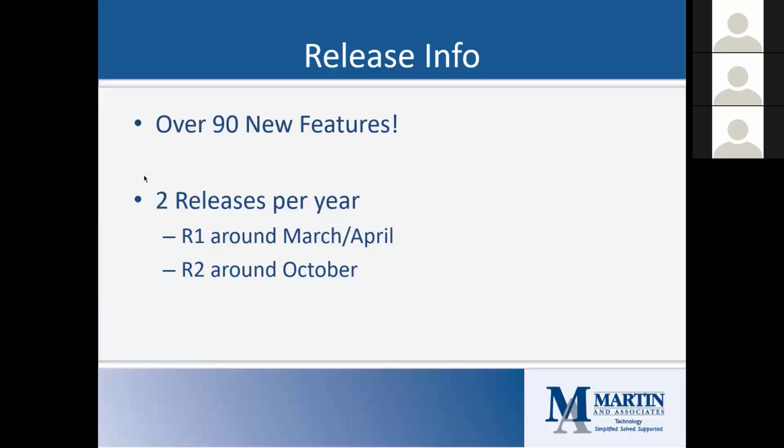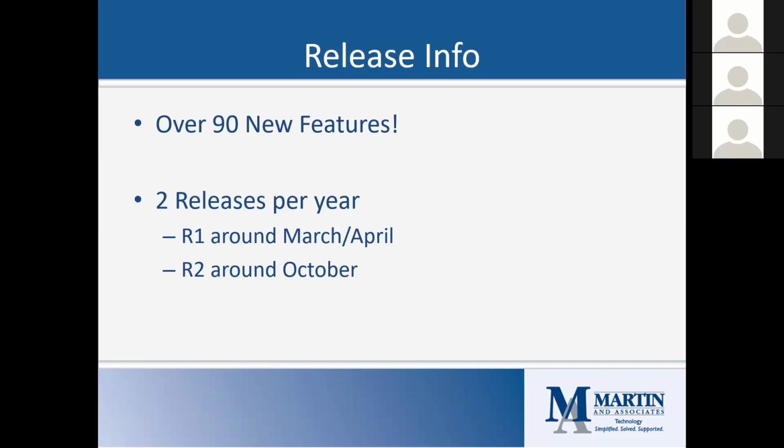All right, so as Rick mentioned briefly, there's a lot of new features. There's over 90 in this R2 release. And just a quick reminder, there are 2 releases each year done by Acumatica. There's R1, normally around the March/April timeframe.